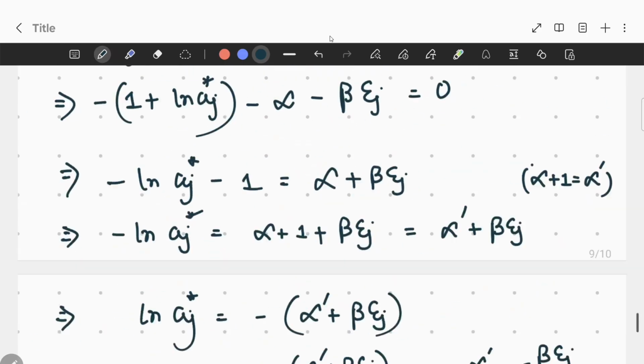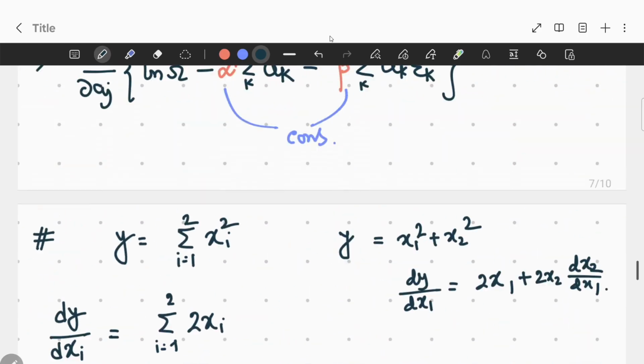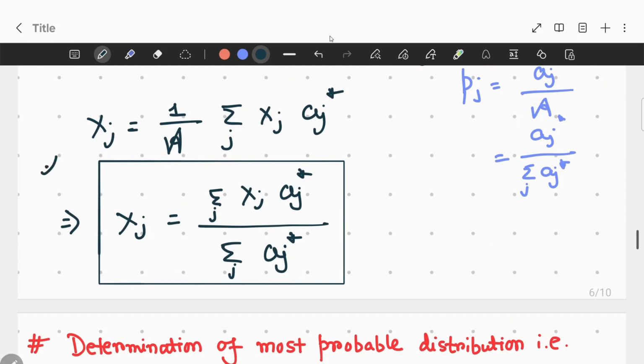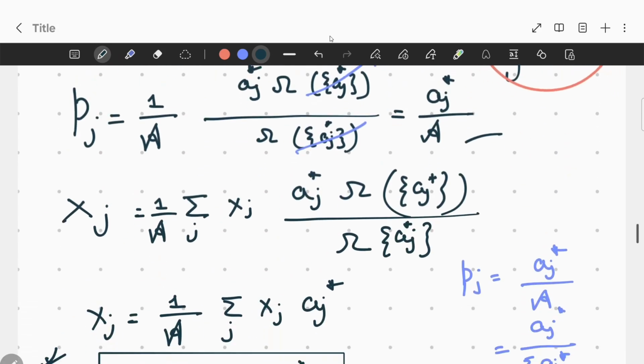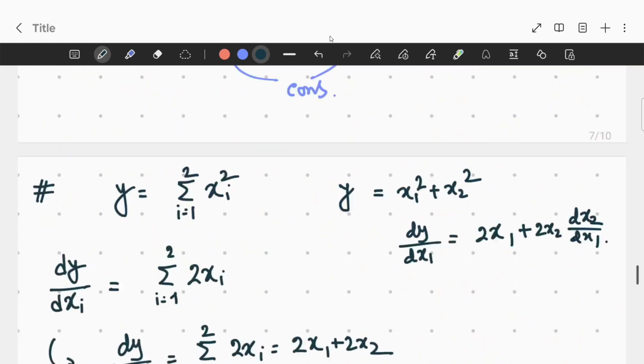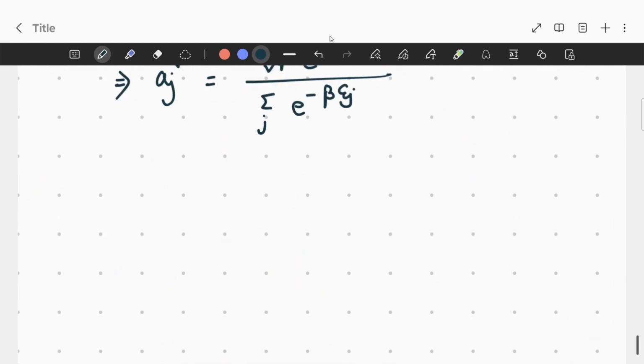If you remember, we had the expression for average values. We just needed the xj term. So what was our pj? Pj is this one. So we'll just use that. This aj we have calculated.